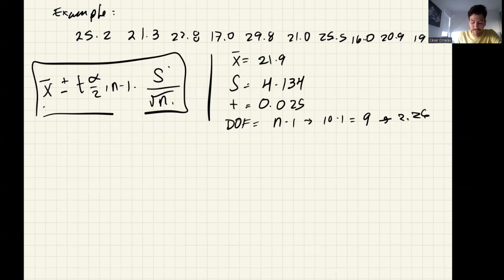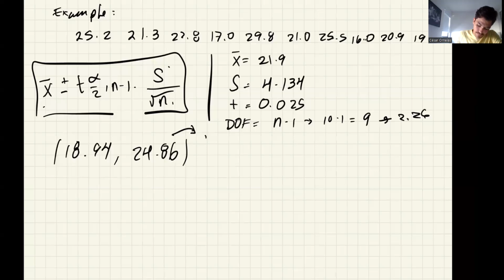Now, using the formula, we have an interval of 18.94 and 24.86. So 95% of our values are going to be inside of this interval. This is our confidence interval.